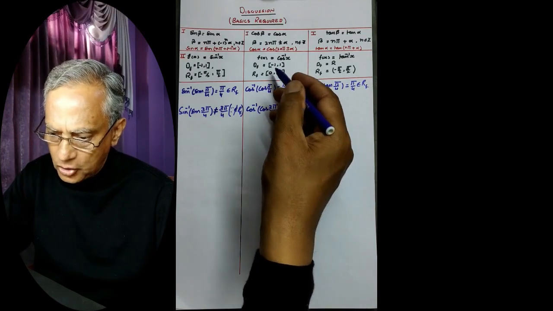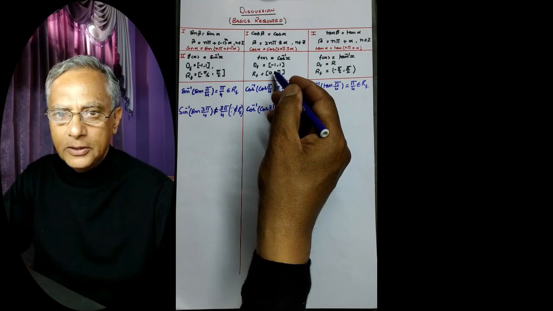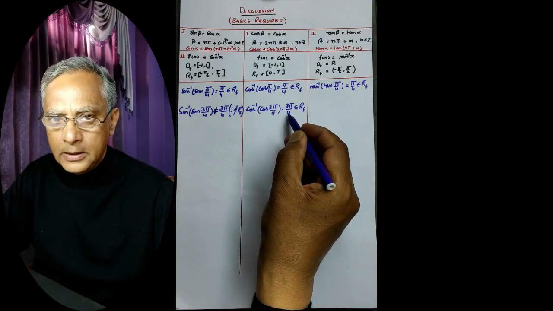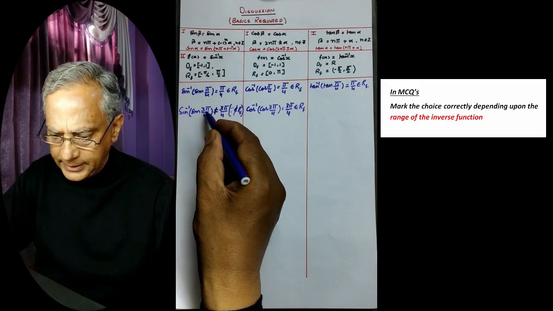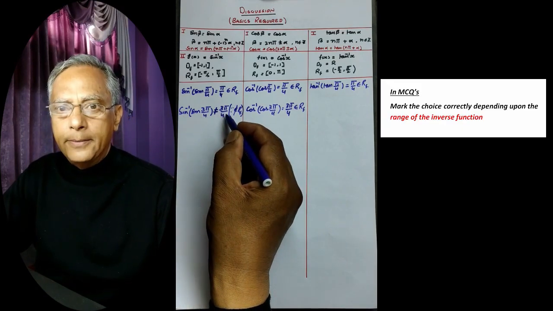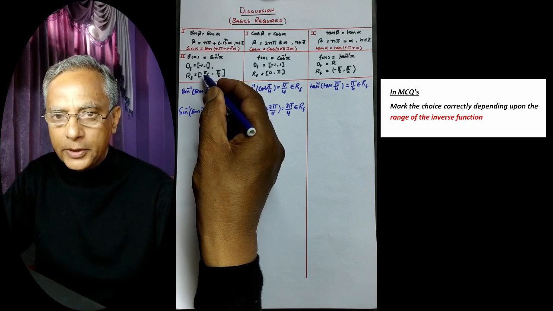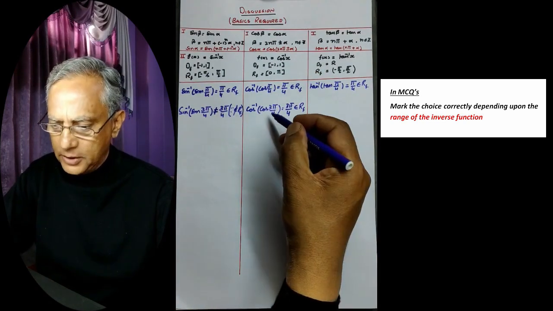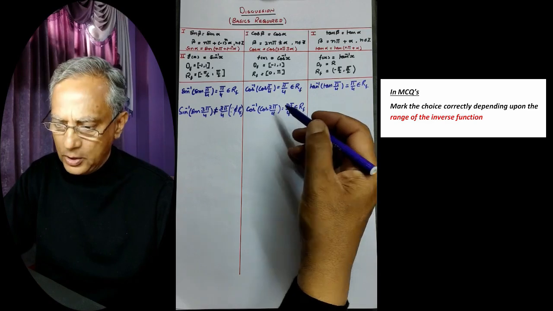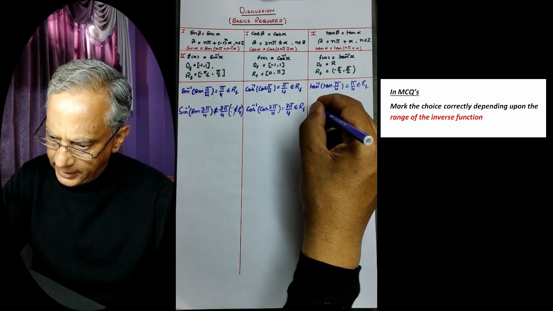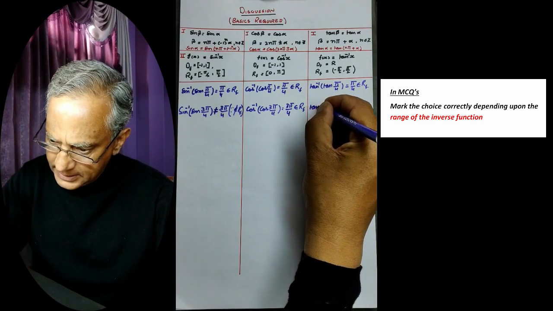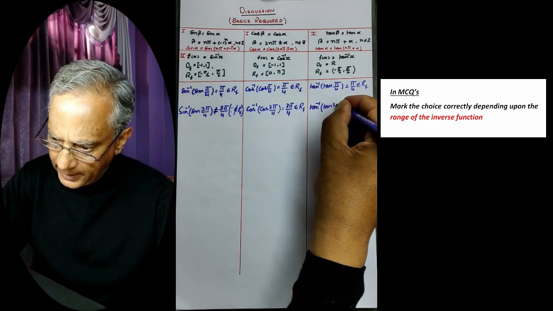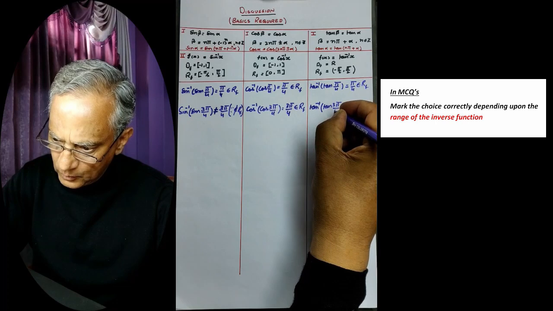So cos inverse cos of 3 pi by 4 is 3 pi by 4. Sine inverse of sine 3 pi by 4 is not equal to 3 pi by 4 because it does not belong to the range. This belongs to the range, therefore this can be the value of cos inverse cos 3 pi by 4. And similarly for tan inverse of tan 3 pi by 4.